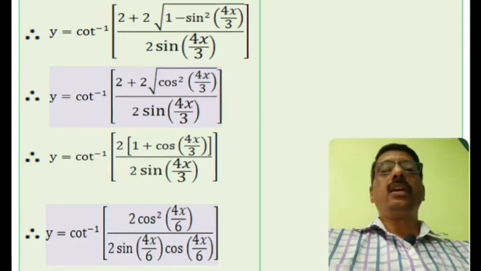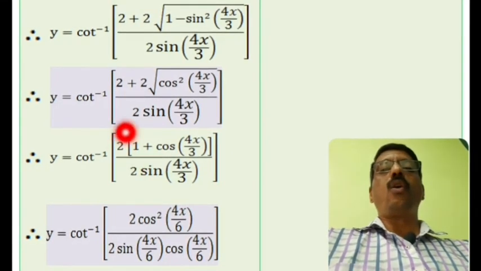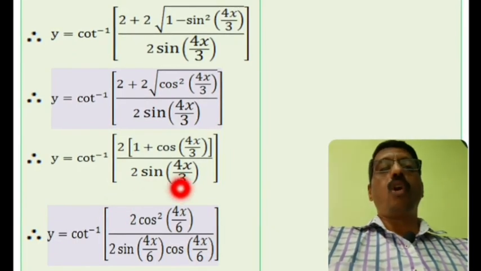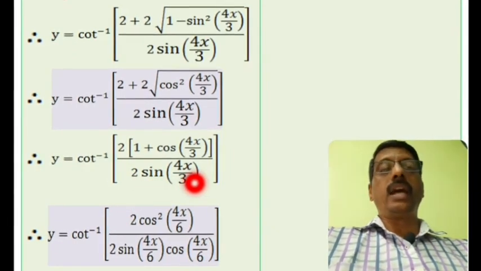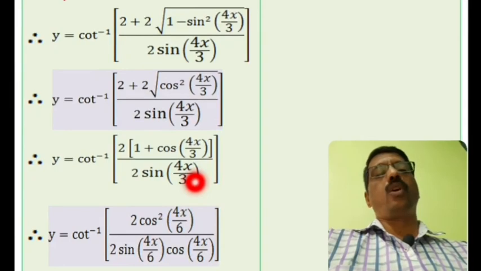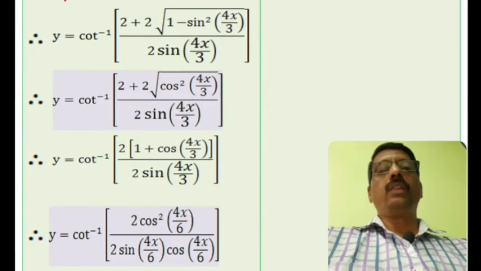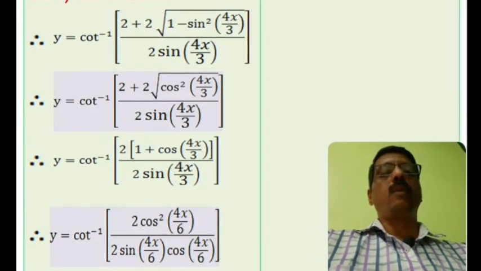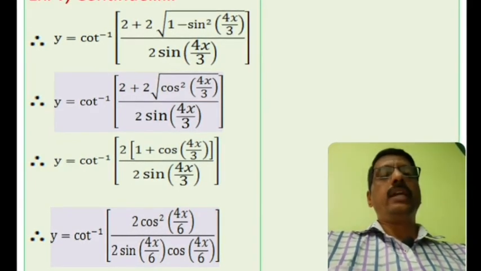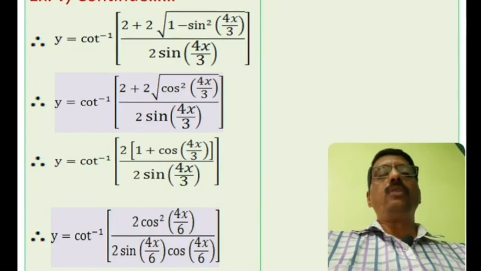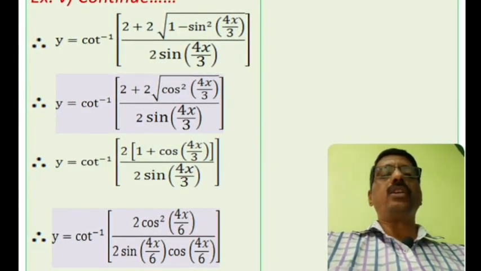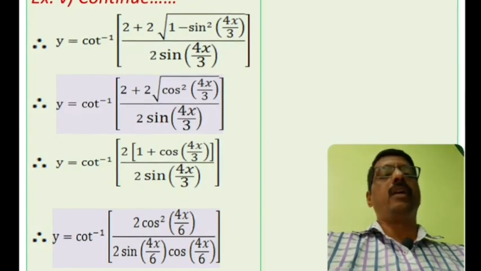That 2 is from the formula, sin of theta equal to 2 sin of theta by 2 into cos of theta by 2, and therefore in the denominator is 2 sin of 4x upon 6 into cos of 4x upon 6. Okay, now here 2 and 2 become cancelled, and cos square, and in the denominator cos of 4x upon 6, that also become cancelled.